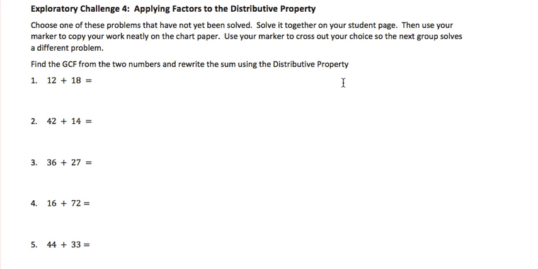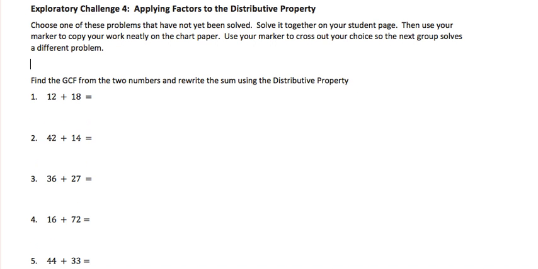As an example, if I were to use the two numbers 35 and 42, the greatest common factor of 35 and 42 is 7. So I would then rewrite each of those numbers as a multiplication problem. 7 times 5 is 35, and 7 times 6 is 42.